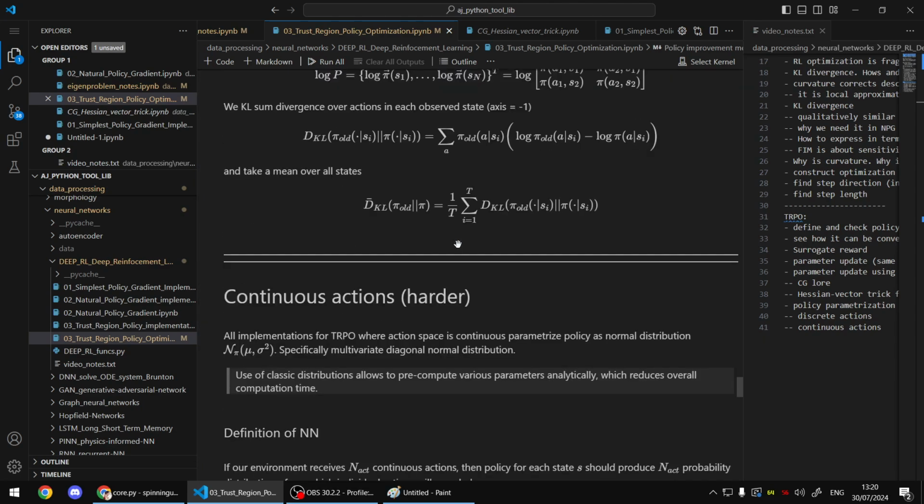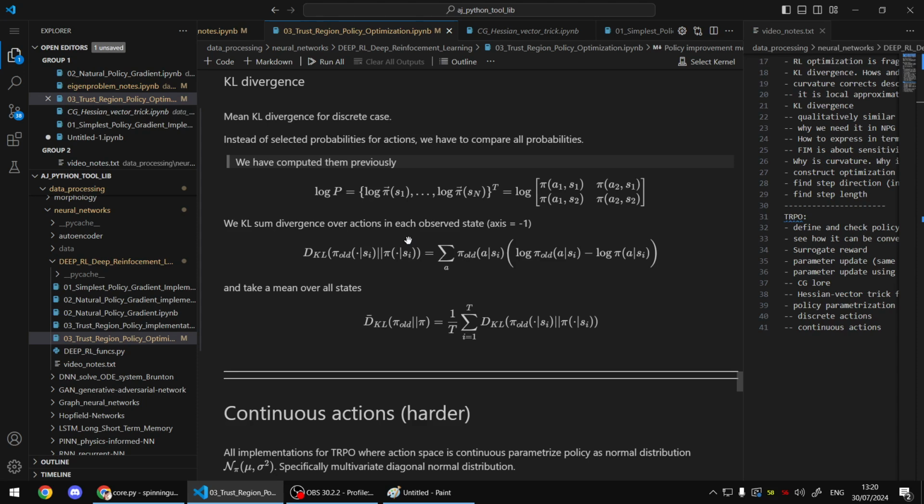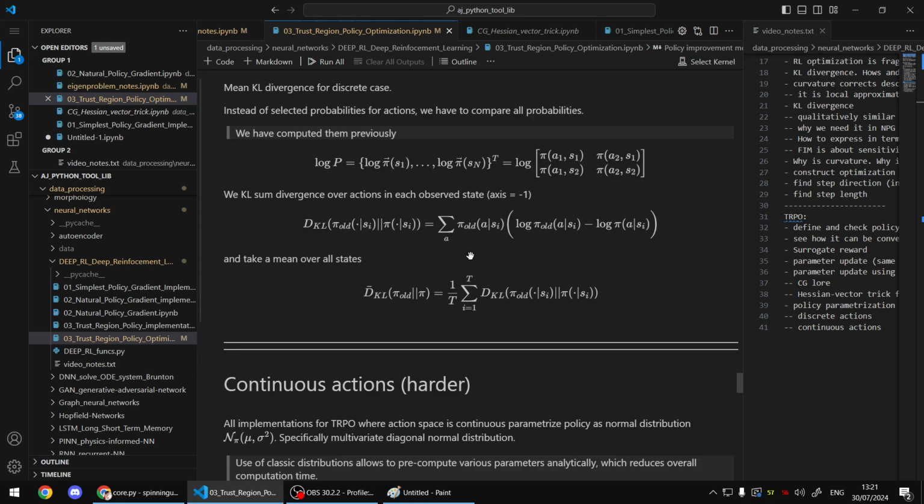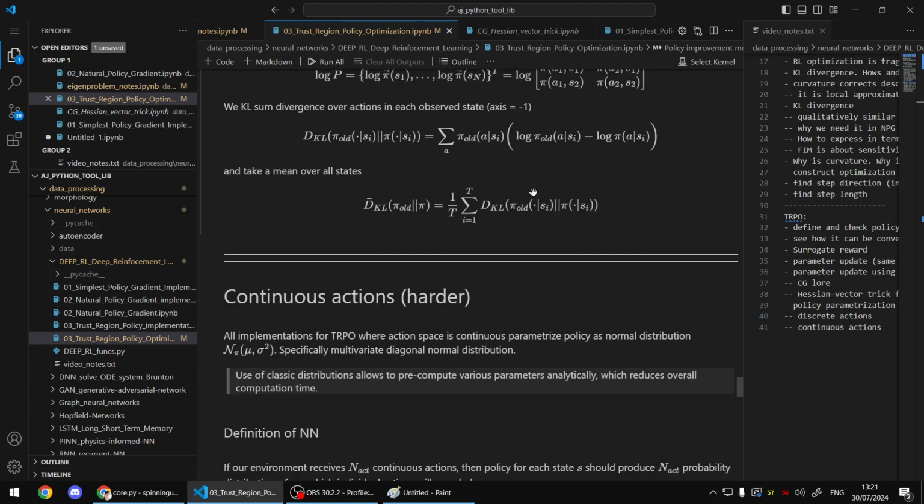Categorical. So we just replace the integral by a sum. Basically, we compare old policy actions with new policy actions, and then we sum over actions, and as the paper alludes, we take a mean instead of searching for the maximal KL divergence. So it's kind of easy and boring.